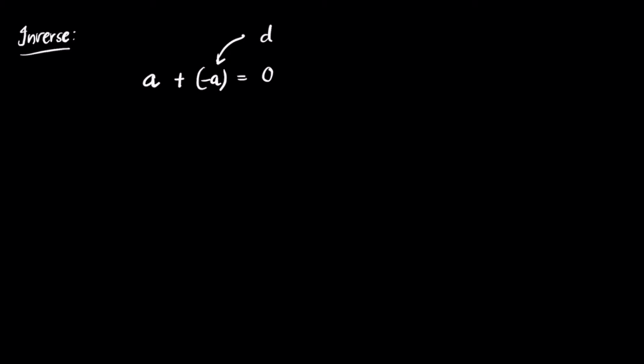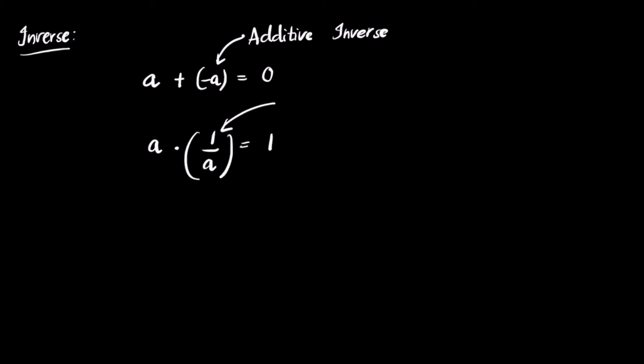This minus a is called the additive inverse. In the same way, what number should I multiply with a so that I get the multiplicative identity 1? That number is 1 by a. This 1 by a is called the multiplicative inverse.